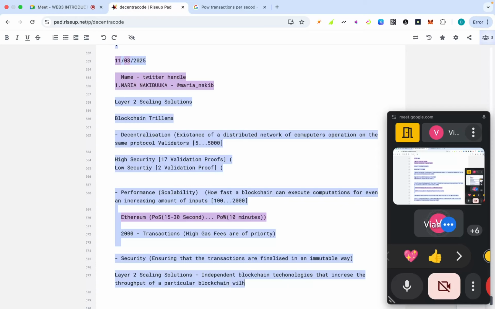while also minimizing the transaction cost. So just to explain that definition, give it more clarity. So essentially what throughput is, is a number of transactions.